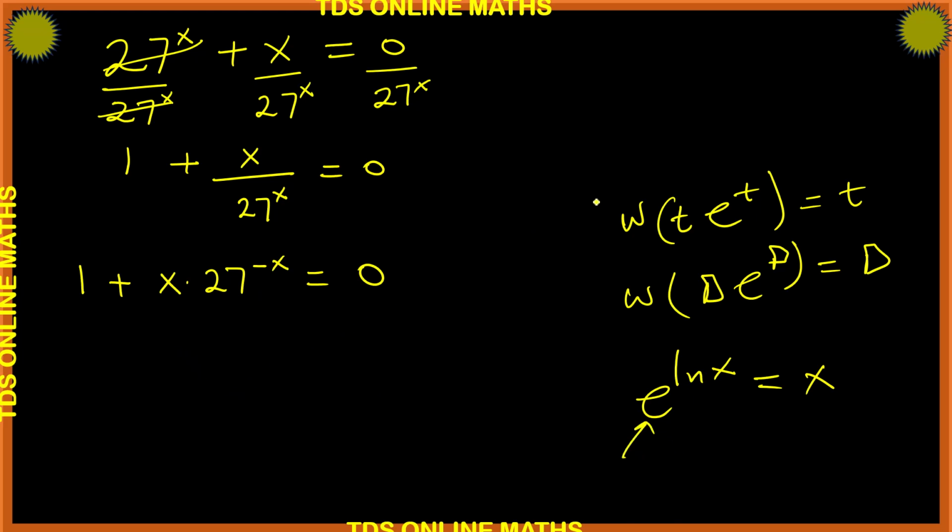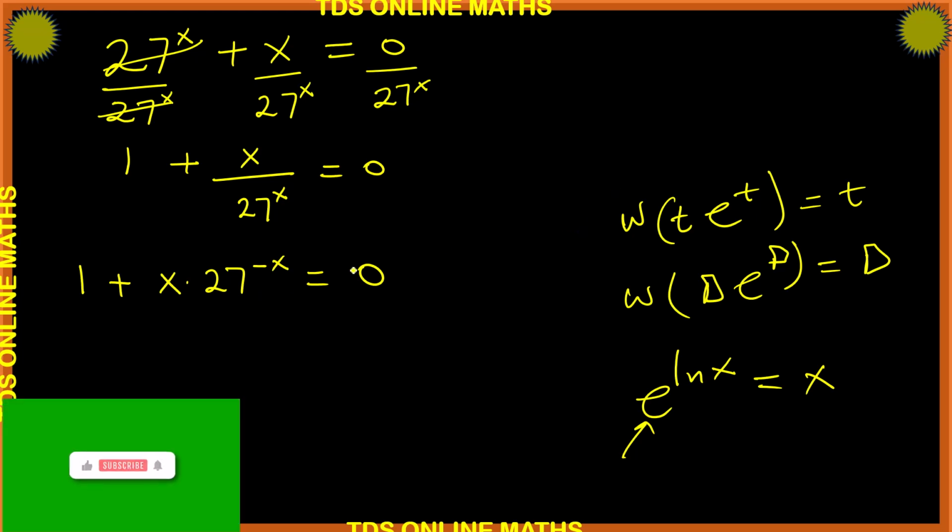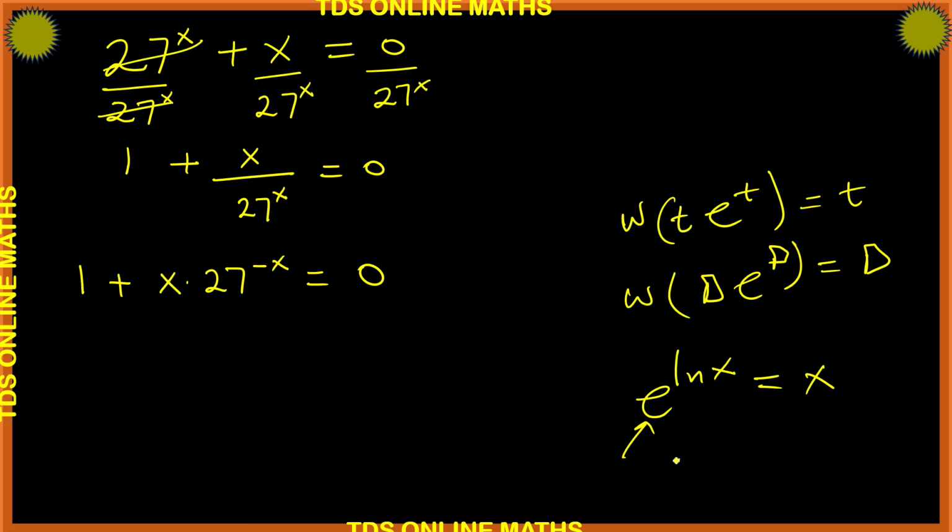All right, so what we are going to do here is to support this 27. If I write the 27 as e raised to ln of 27, the answer is 27, so I have done nothing to it.